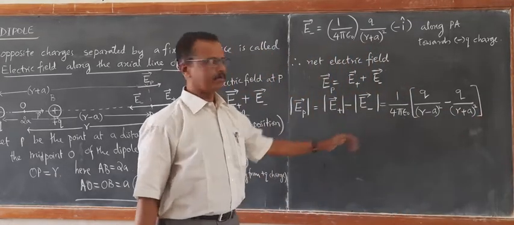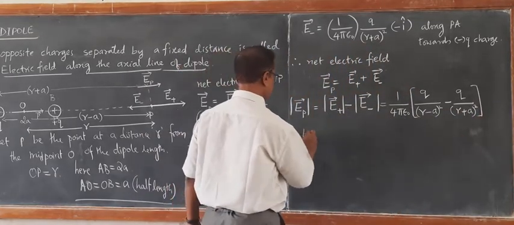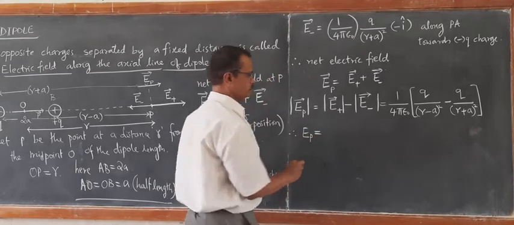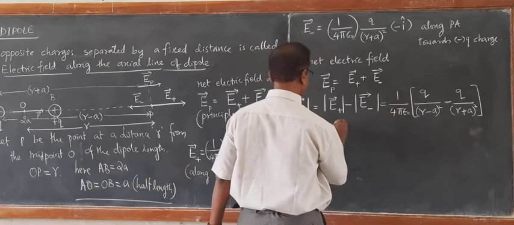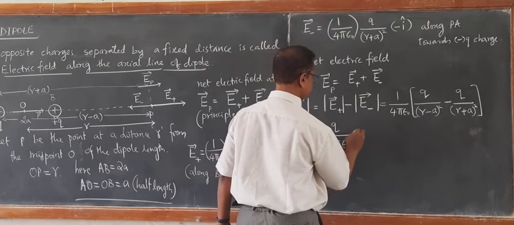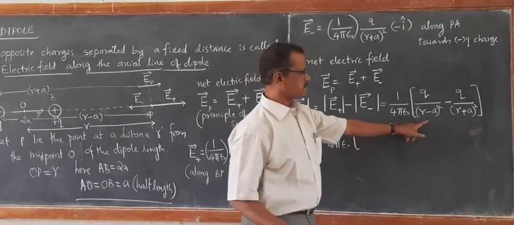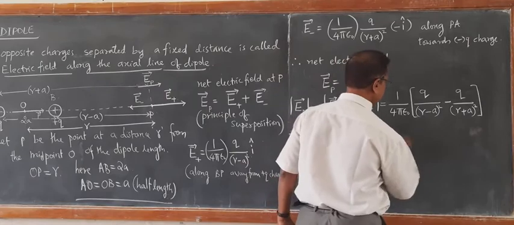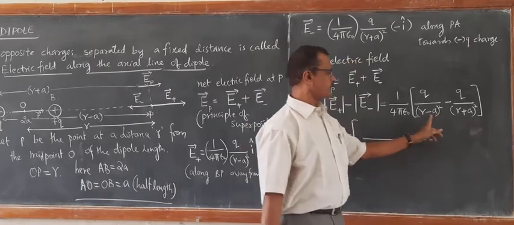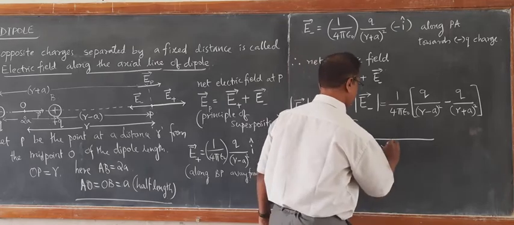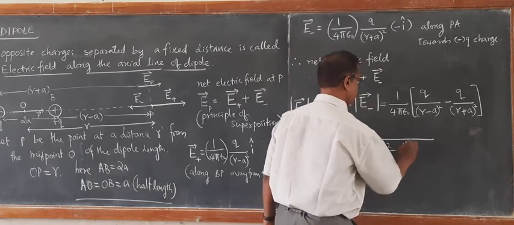Now again Q is common. Therefore, magnitude E P is equal to Q by 4 pi epsilon naught into, simplify this, r plus a whole square. In the denominator, the LCM becomes r plus a into r minus a, r square minus a square, r square minus a square whole square.